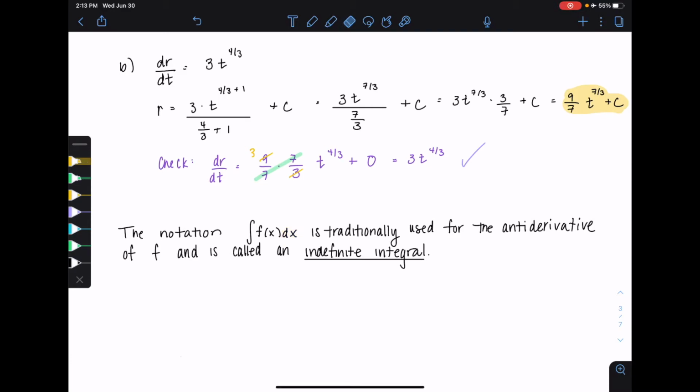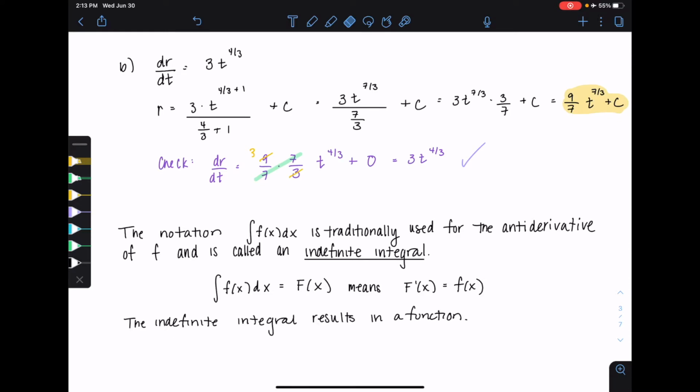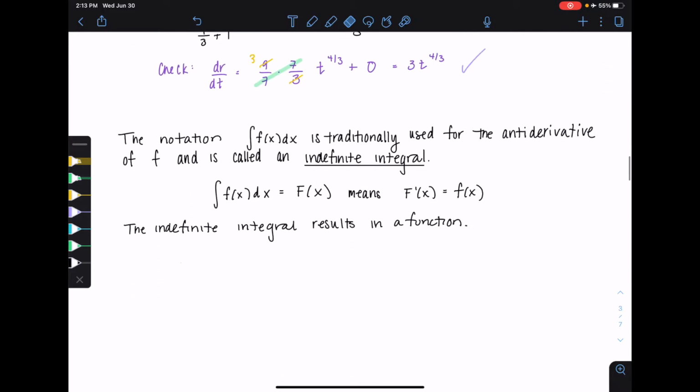So if we write this notation, the integral of f of x dx equaling something just means that if I take the derivative of this function, I land exactly back to the function I started with. So capital F prime is exactly the function on the inside. So this indefinite integral is going to result in a function, okay? So this is going to be the notation we use to indicate take an antiderivative.